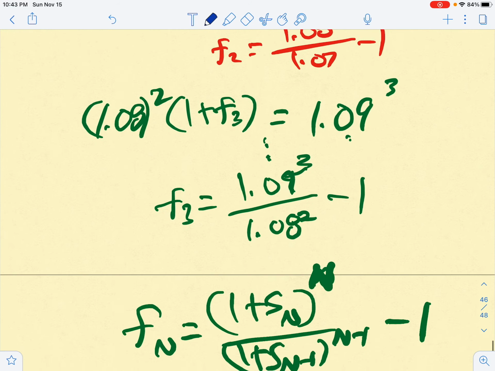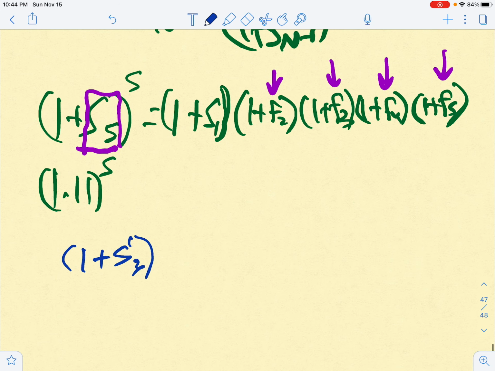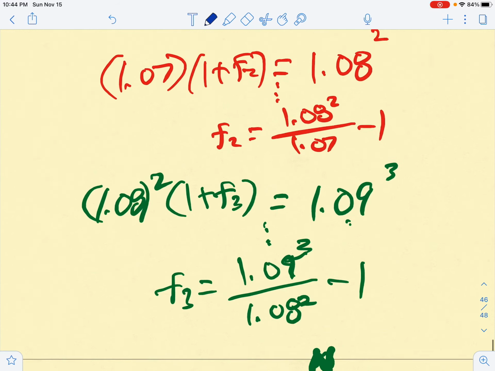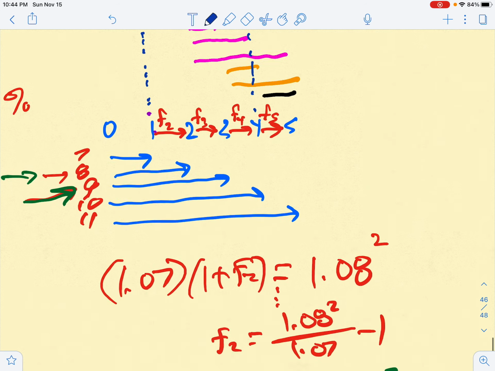So we can then say 1 plus the 3 period spot rate expected to be in existence at date 1, cubed, would then be equal to, again just showing you, it goes from here to there, so that involves F2, F3, and F4.